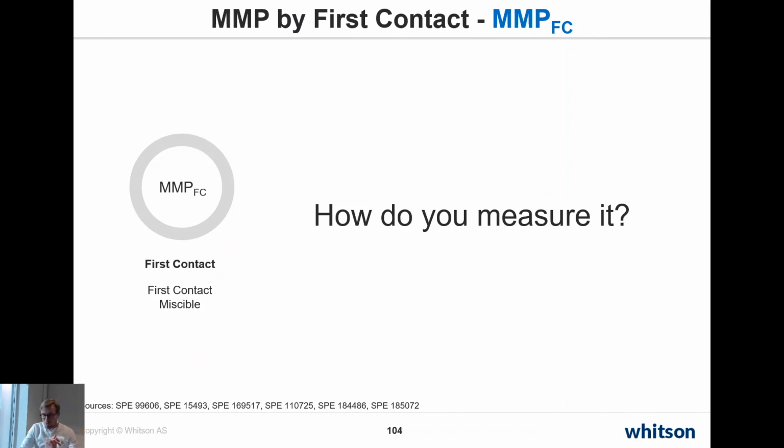And good. Now we also have a great small quiz again, just to make sure that everybody is still awake. So the question is, MMP by first contact, how do we actually measure that? And everybody should write in the chat, and you get bonus points for being quick. So how do we measure first contact miscibility pressures?